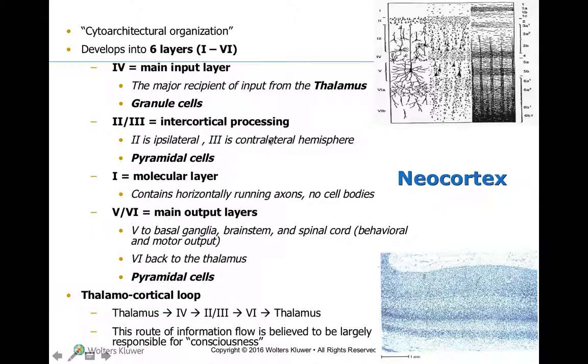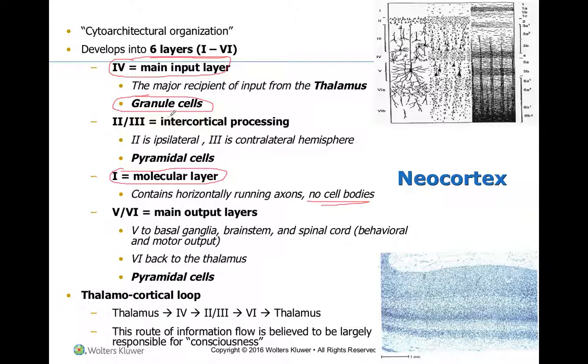So this is our cytoarchitectural organization. The human cortex develops into 6 layers, layers 1 through 6, where layer 4 is our main input layer. This is the major recipient of input from the thalamus, and these granule cells are the residents here in layer 4. Layer 1 is the molecular layer, which contains horizontally running axons and no cell bodies.